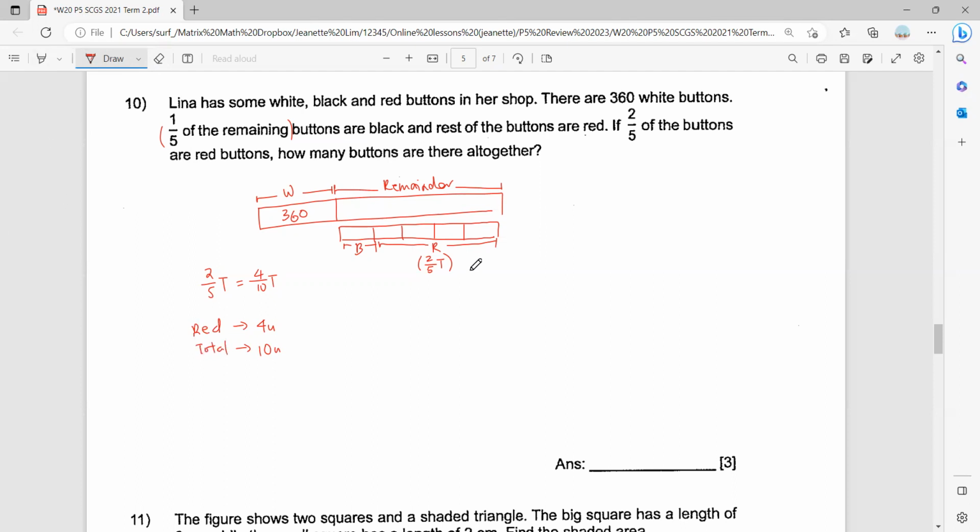If you look at the model, red is 4 units, then the black is 1 unit. So the remainder here is 5. So what is 360 if the total is 10U? So 10 units minus 5, so 5 units is 360.